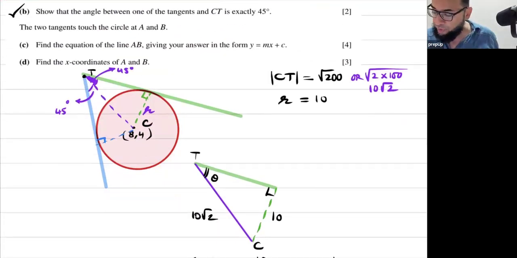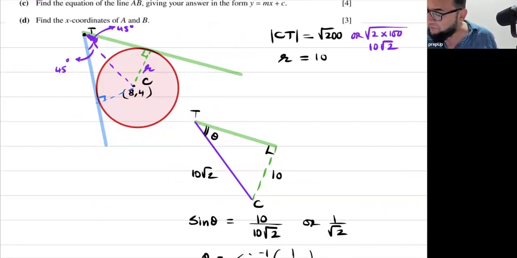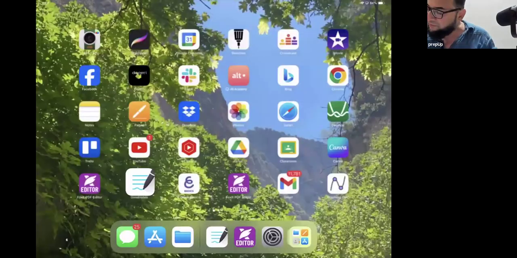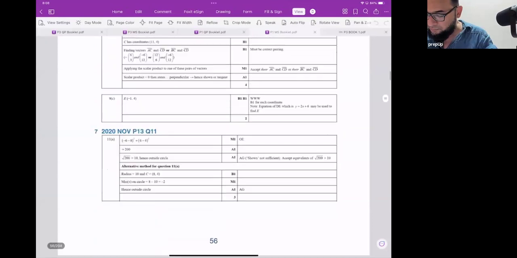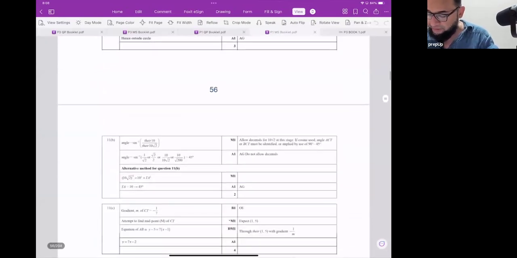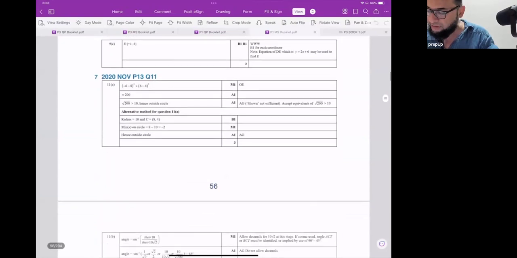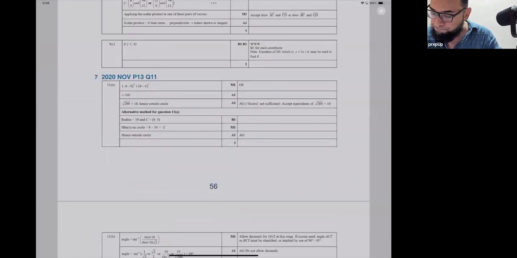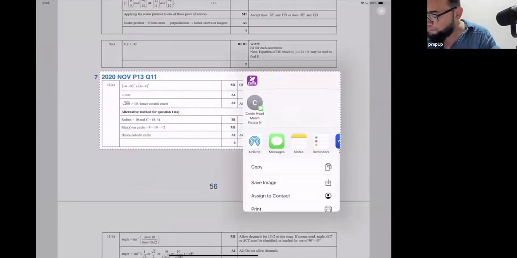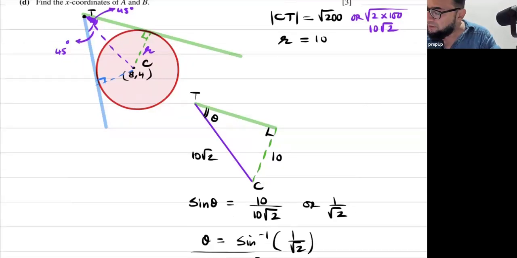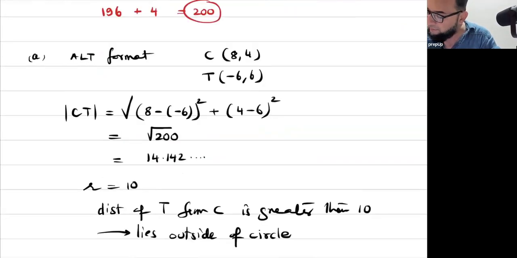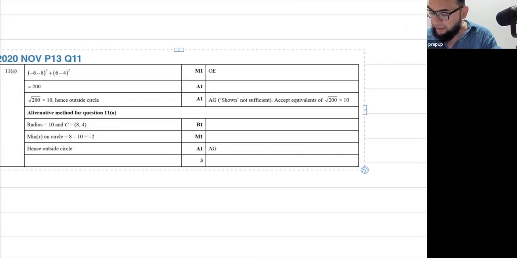And let me also grab the mark scheme for this one, which is question number 7. Okay. It's outside of the circle. There are two options. That was the first part.